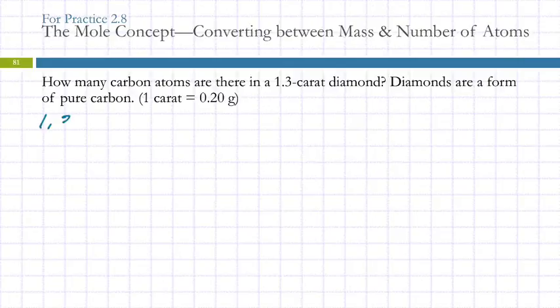Okay, so we're starting with 1.3 carats. So that's the number provided. This is a conversion factor. I would not expect you to know that, but it's just given to us. And what are we trying to find? How many atoms? So we're looking for carbon atoms. So now we have to figure out how to get from carats to atoms.